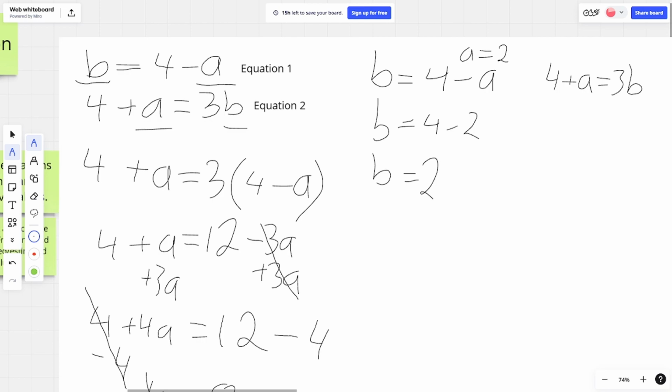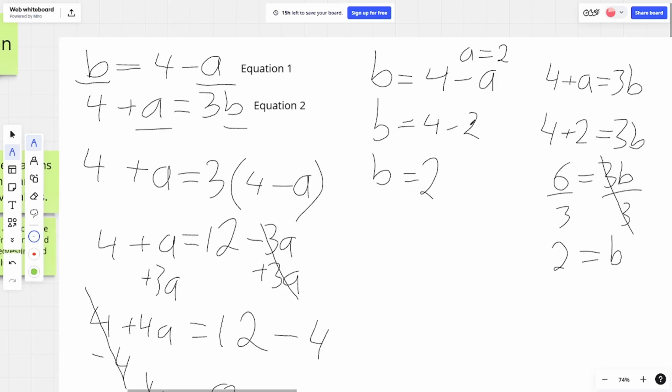And then if we substitute 2 in for a, we'll have 4 plus 2 is equal to 3b. And our left hand side will simply be 6 is equal to 3b. And if you divide both sides by 3, then you will get b is equal to 2.